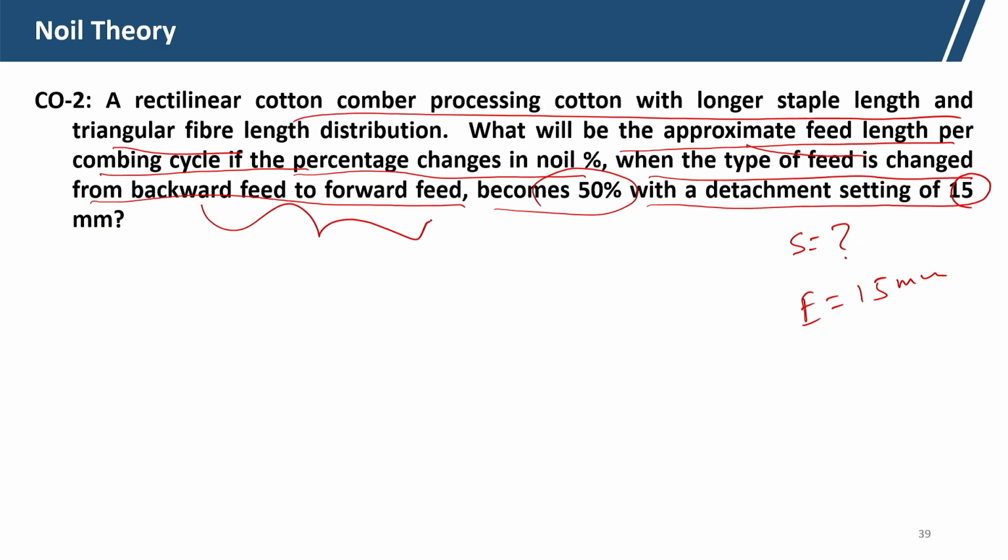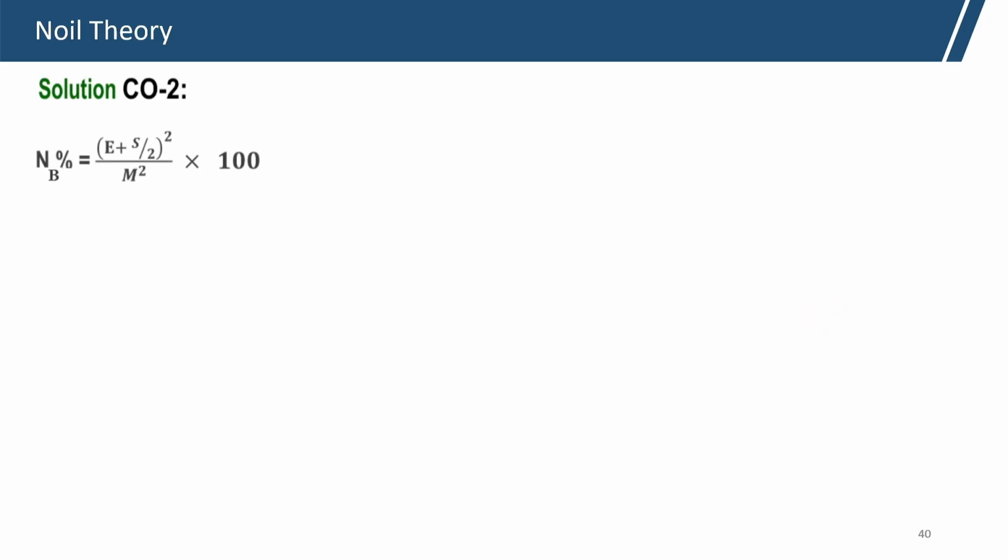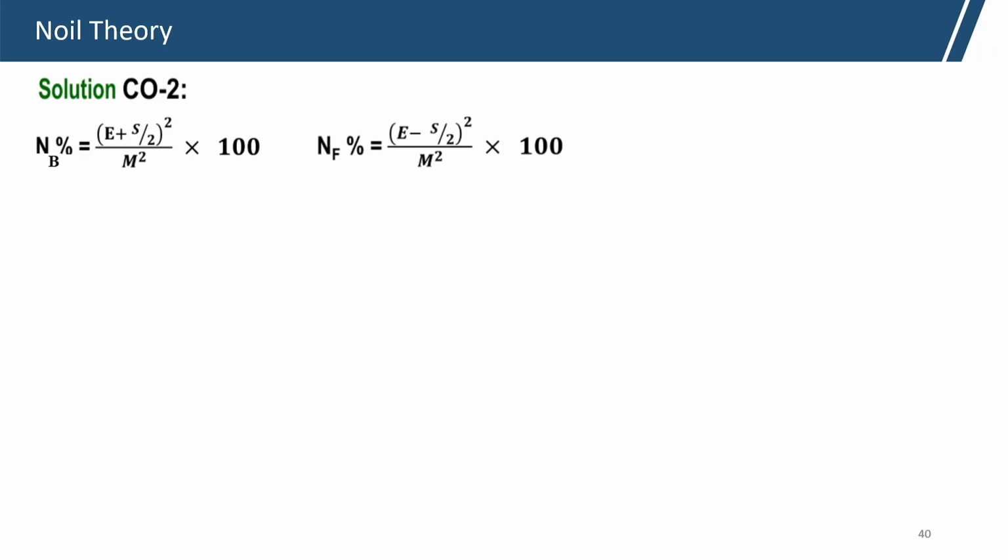So, the change in Noil percent will be 50%. Now, let us see. So, at backward feed, this is the relationship as we know, and for forward feed the relationship is given.